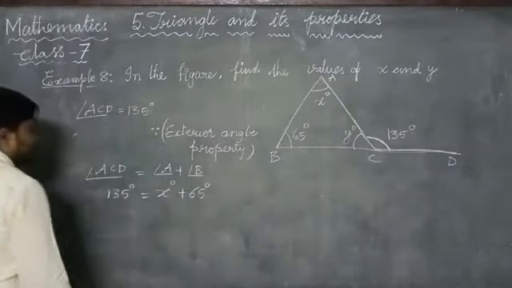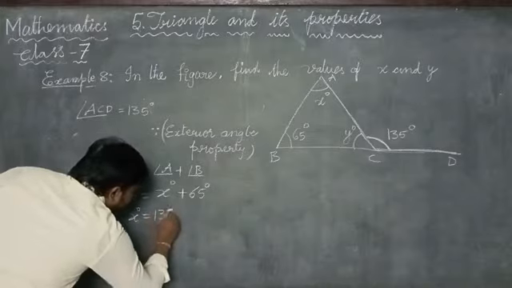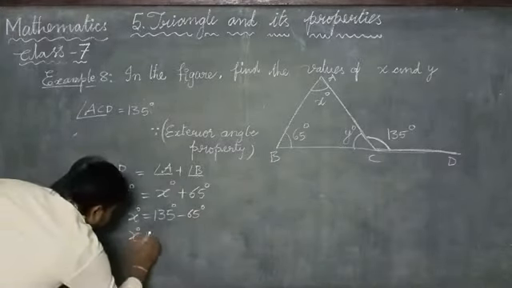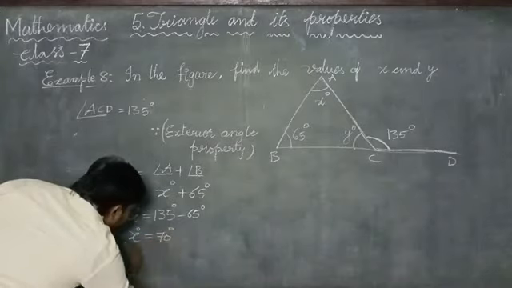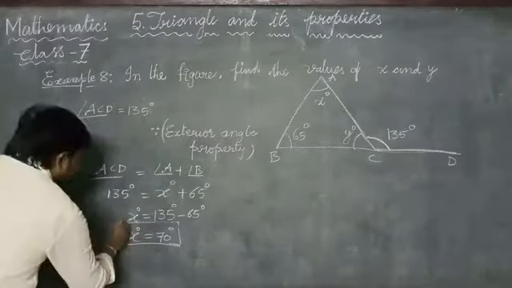From that we can find that x equals 135 minus 65 degrees. Then x equals 70 degrees. This is the x value.